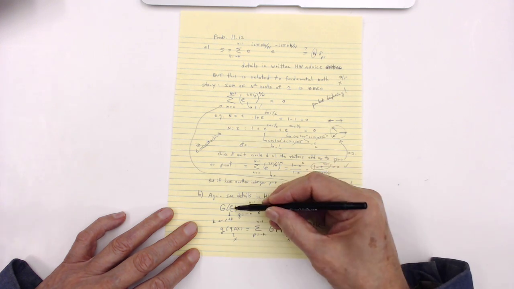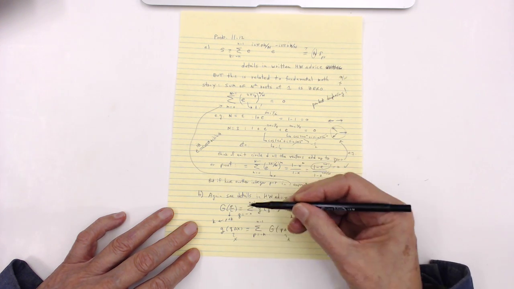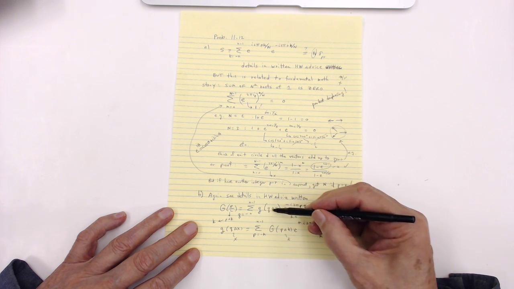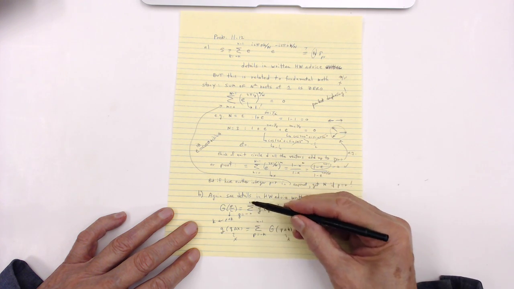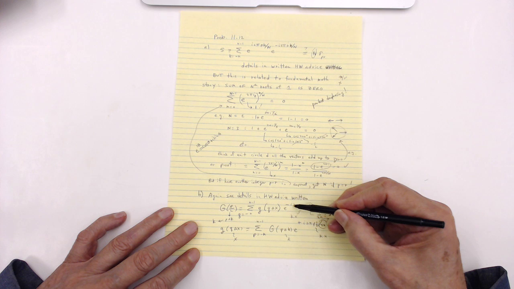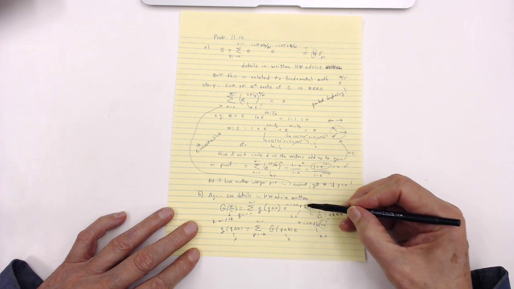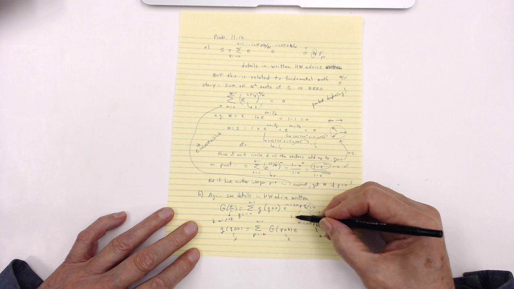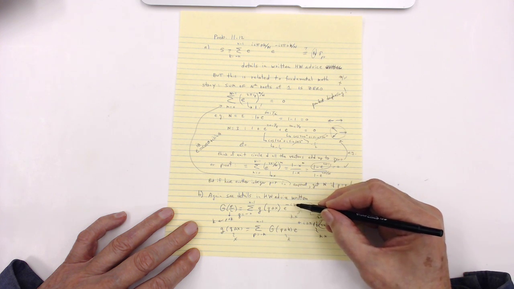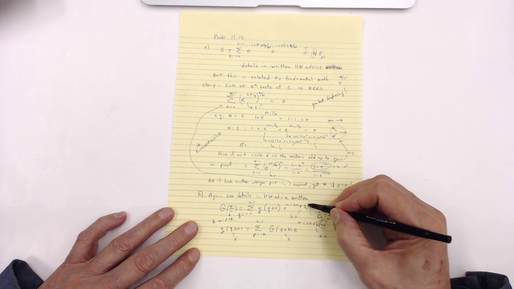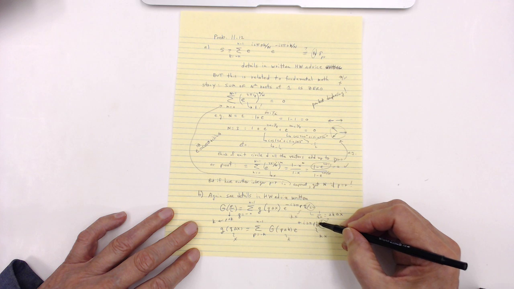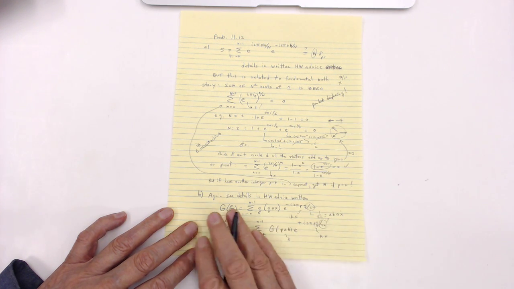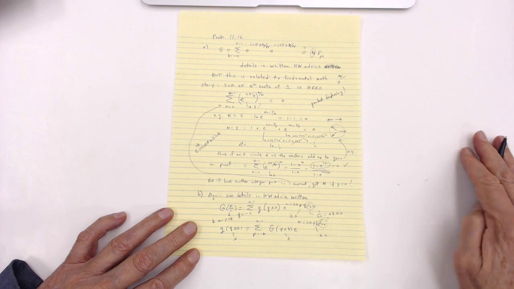So I have capital G of k, little g of x. And inside here, little g of x. The sum goes to an integral. I've got e to the minus i 2 pi pq, and 1 over 2n is delta k delta x, so that this is like kx, e to the minus i 2 pi kx. Similarly, plus kx, and the sums go to integrals, just our Fourier transform pair.